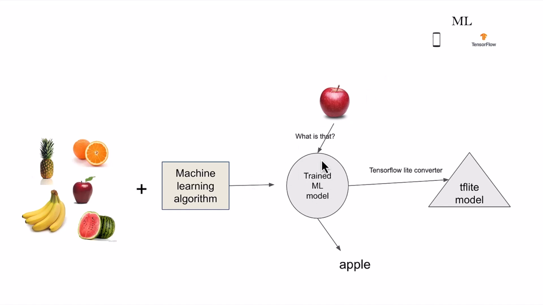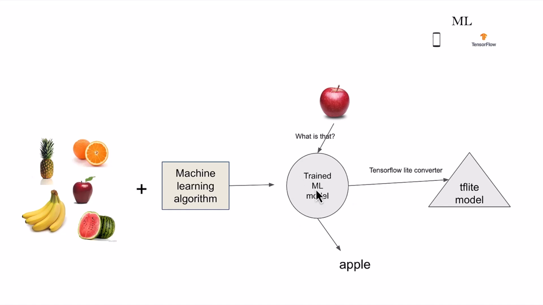And now we will get our trained machine learning model. This trained model can be used in desktop and web applications, but it cannot be used in mobile applications because the processing power of mobile devices is quite limited. So there we cannot perform all the operations which we can perform in desktop or web applications.